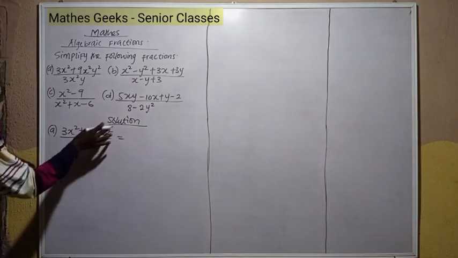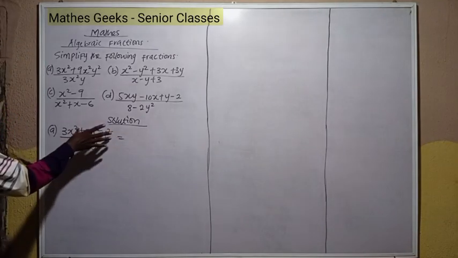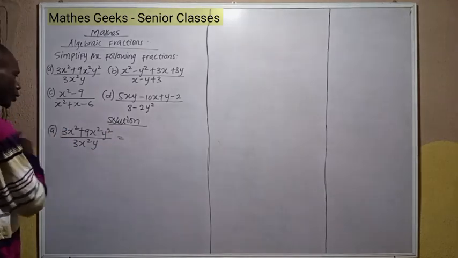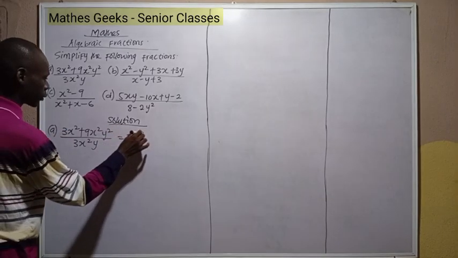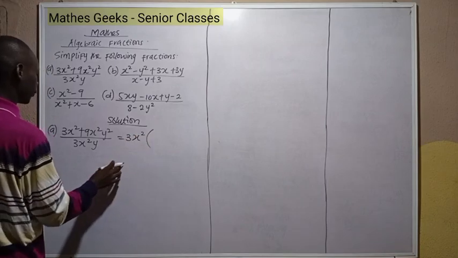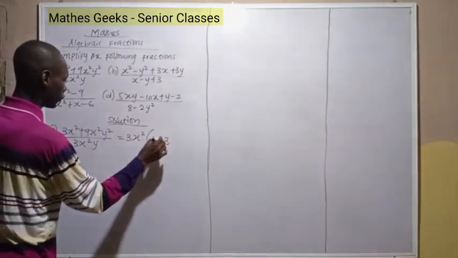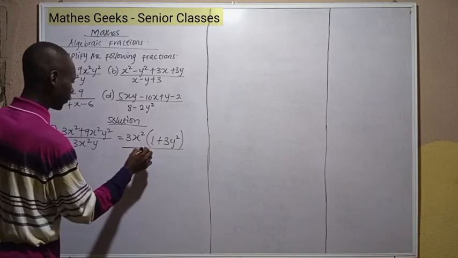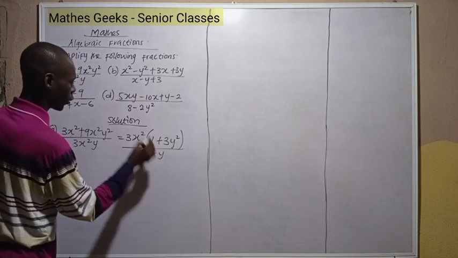All right, so what we observe here is that we have common factors. 3 is common, x squared is common, so we're going to factor it out. So 3x squared times 1 plus 3y squared. And then we have 3x squared y.